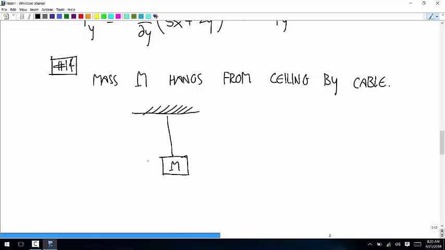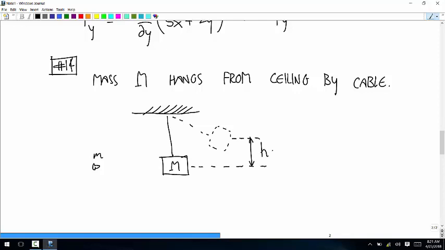So it's a mass M. It's shot by a bullet. The bullet has mass little m. It swings up to a position where its center of mass has risen a height h.